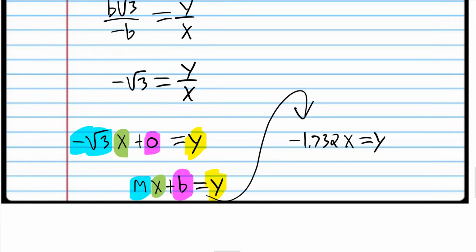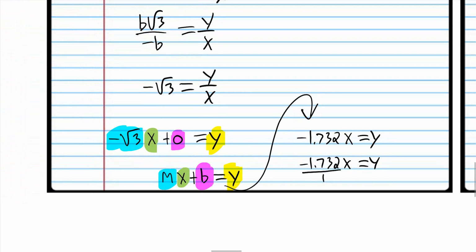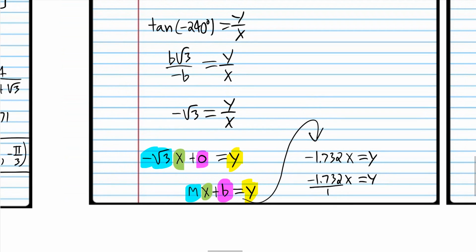Now, remember, when we graph a line, we think of the slope as the rise over the run. So we can think of that as negative 1.732 over 1. So we have rise over run. This is all just review, so you should know this stuff pretty well.